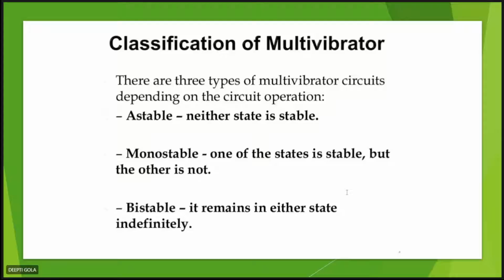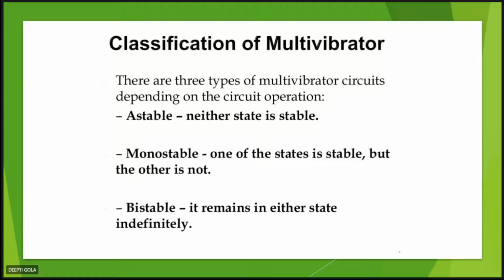Then comes the monostable multivibrator. That means there is one stable state, however the other state is unstable. So the circuit automatically switches from the unstable state to the stable state. To make the circuit go to the unstable state, you have to give some external trigger.